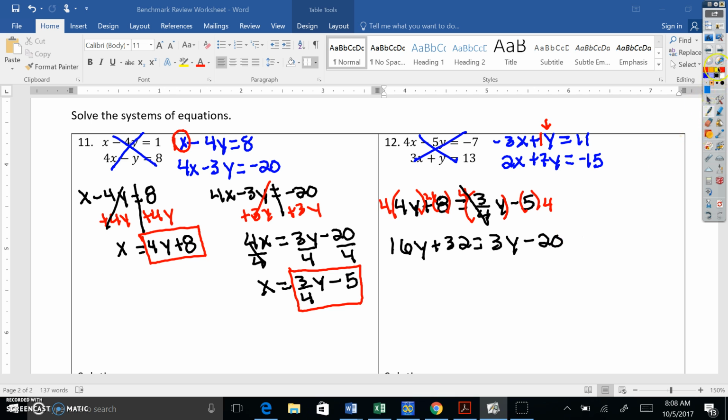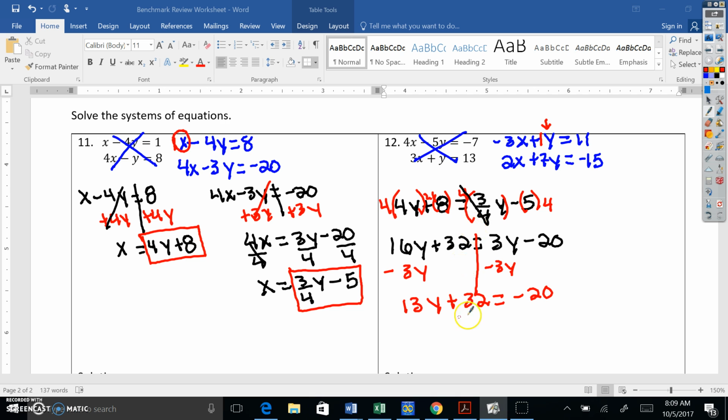At this step, you need to be really careful because I'm having a lot of students make mistakes solving this equation. So make sure that you take your time. Remember, when there's a variable on both sides, you got to cancel the variable first. So I'm going to cancel this 3y by subtracting it. That's going to give us a 13y plus 32 equal to negative 20.